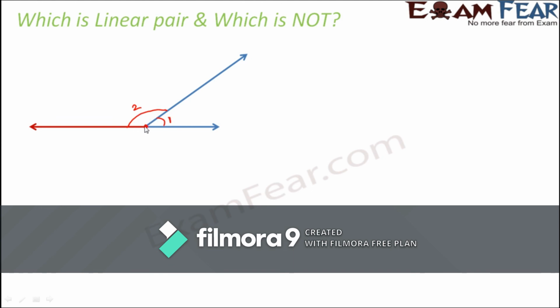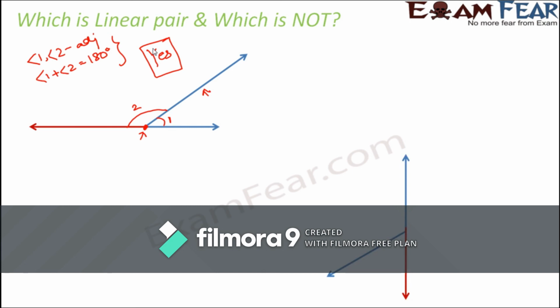Yes, because they are adjacent: they have a common vertex, a common arm, and they do not have common interior points. What about supplementary? Angle 1 plus angle 2 together form a straight line, that is 180 degrees. So angle 1 plus angle 2 is also equal to 180 degrees. Therefore, yes, they form a linear pair.